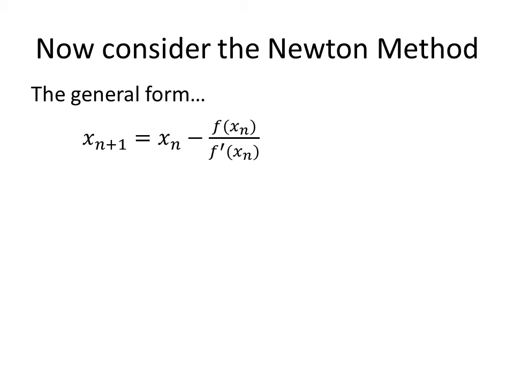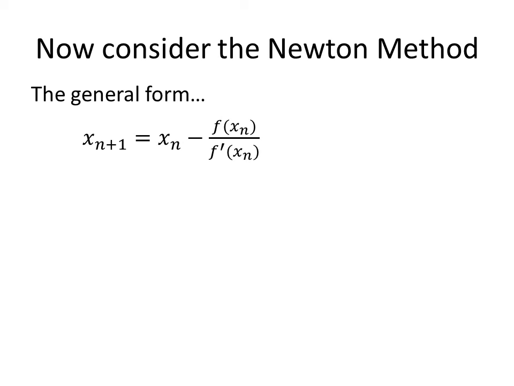This method requires that we be able to take the slope of our function, and you'll see that in this form we just iterate from one guess of x that is our root to the next guess of our root with the expression: our next guess, x of n plus 1, is equal to our earlier guess x of n minus the value of the function at x divided by the slope at x of n, or f of x over f prime of x.